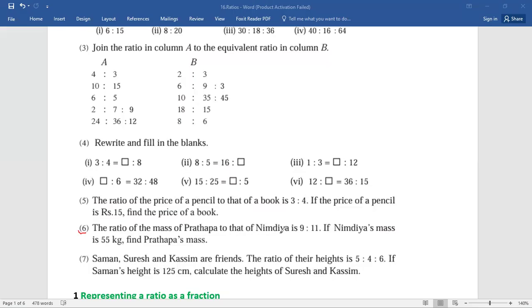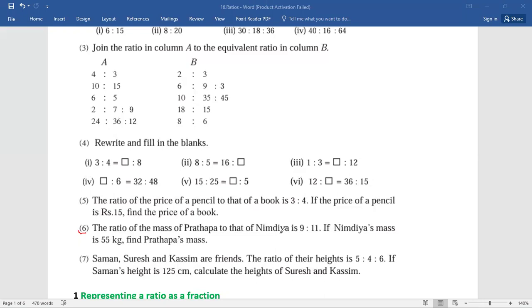So first we have to find the height of 5 parts of Saman, which is 125 centimeters. You have to write these things up. Then the height of one part of Saman.